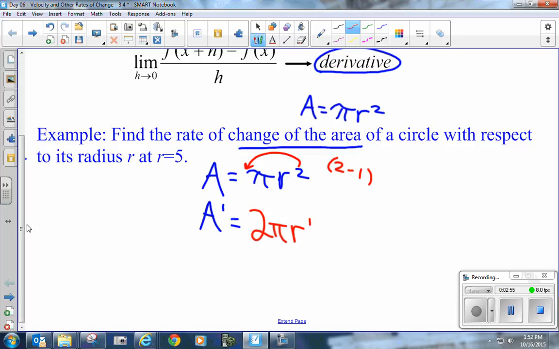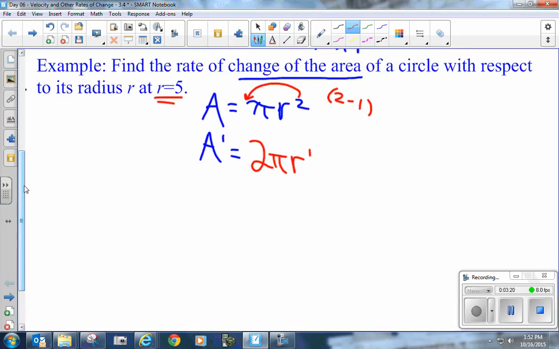So find the rate of change of the area of a circle with respect to its radius, when r is 5. That's the derivative. It would be instantaneous; they just say rate of change. You want to find this when the radius is 5.